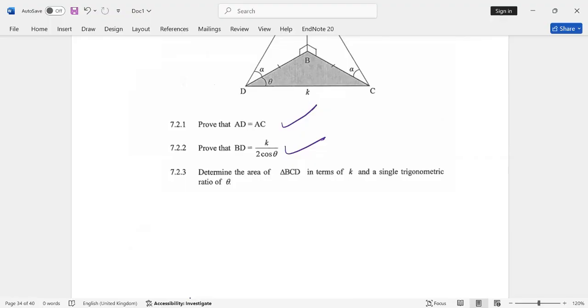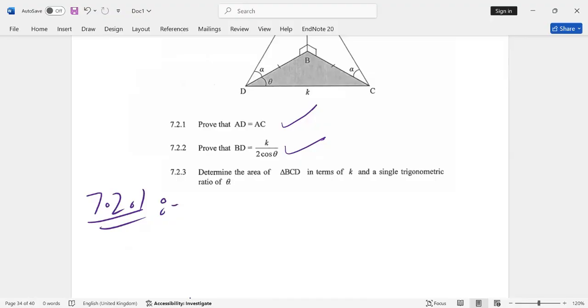So for 7.2.1, we have the angles opposite to AD and AC in triangle ADC are equal, using the properties of isosceles triangle BDC and the given angles.